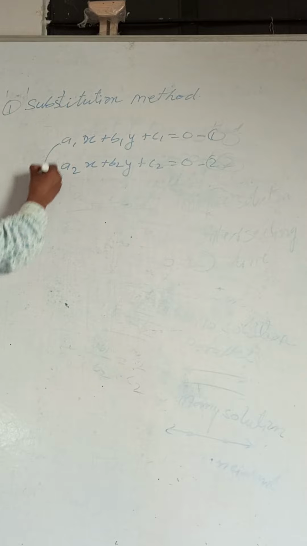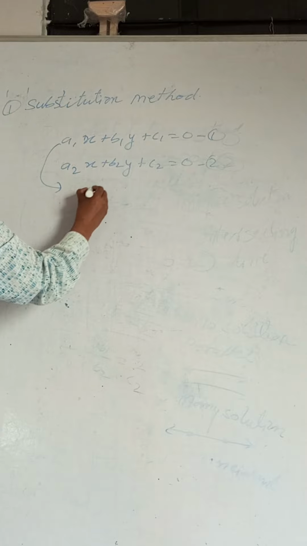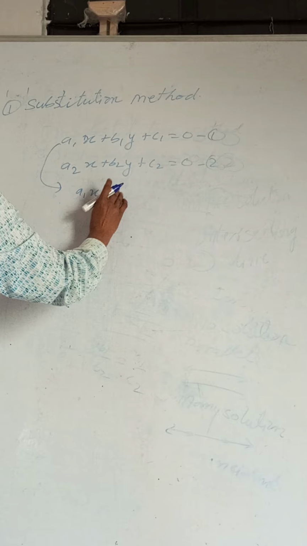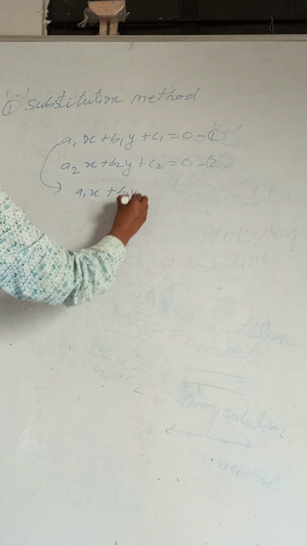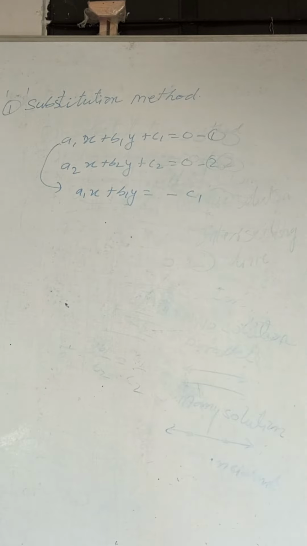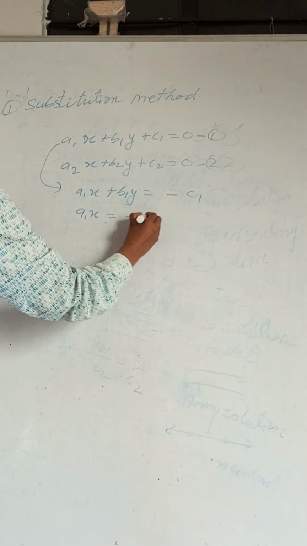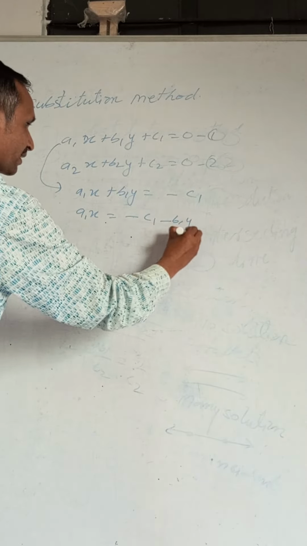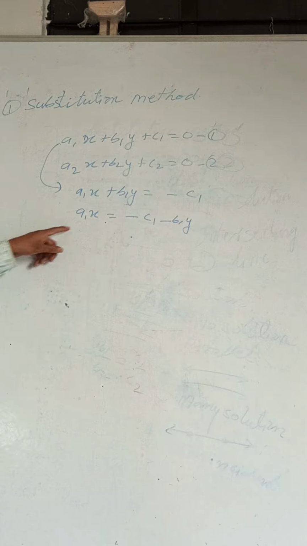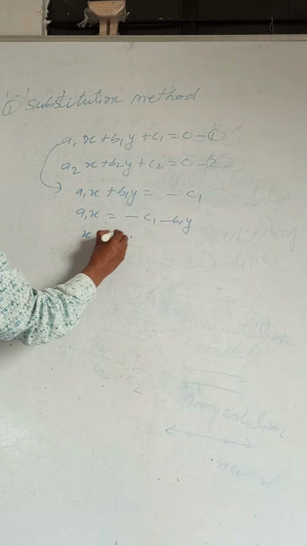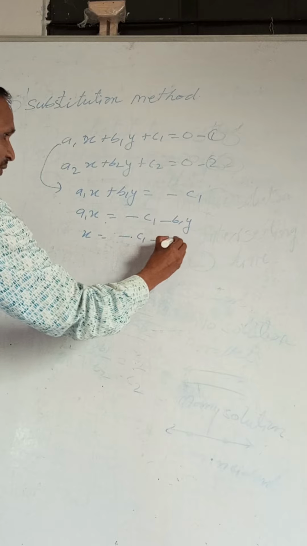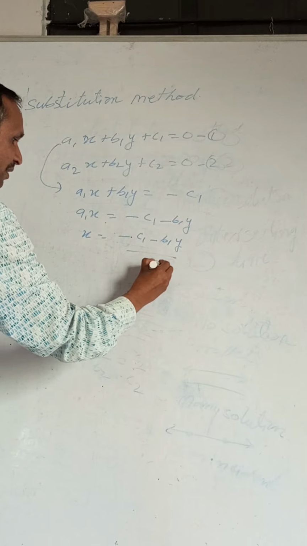I can rewrite it like this: a1x plus b1y is equal to minus c1. Now I can write a1x is equal to minus c1 minus b1y. So x is equal to (minus c1 minus b1y) by a1.